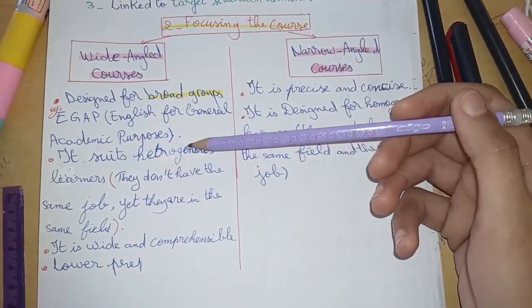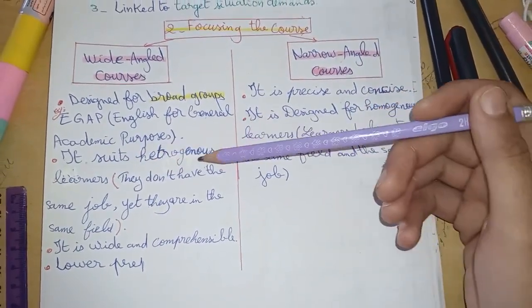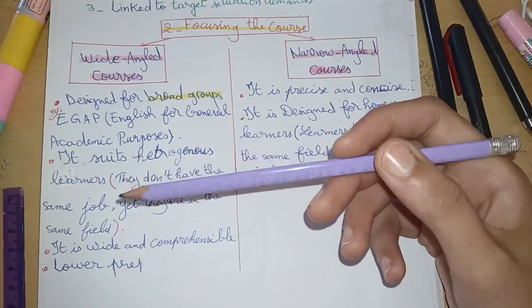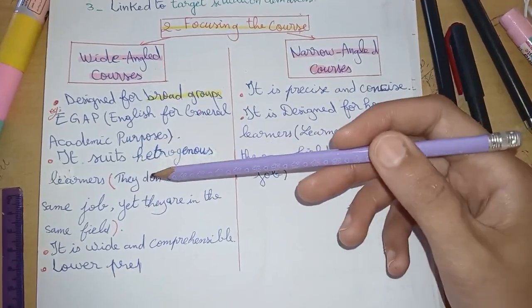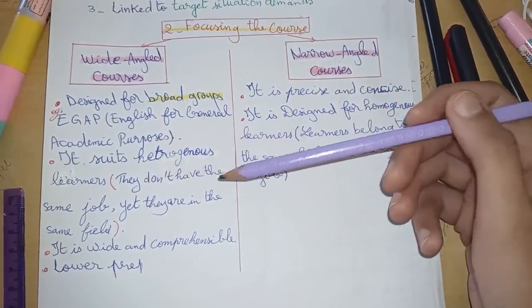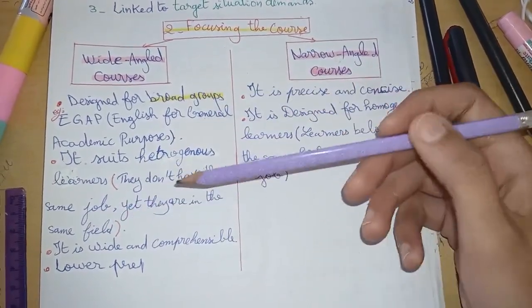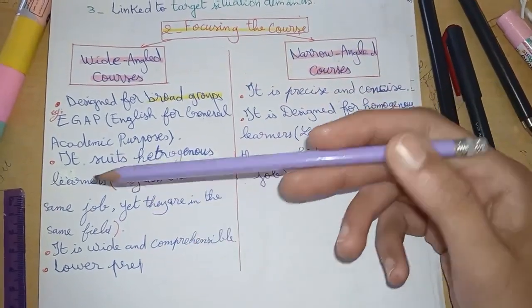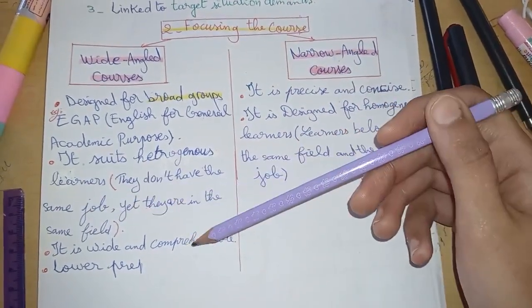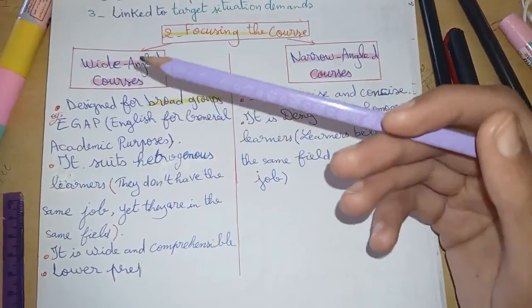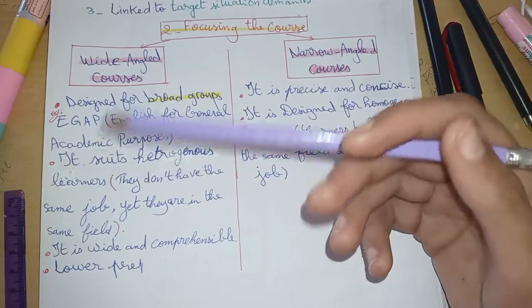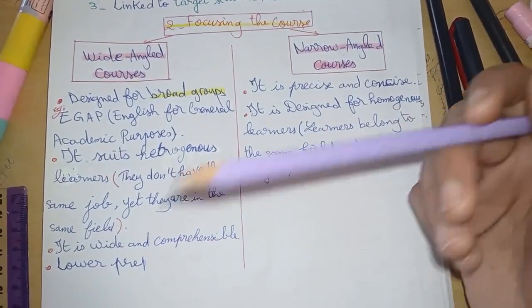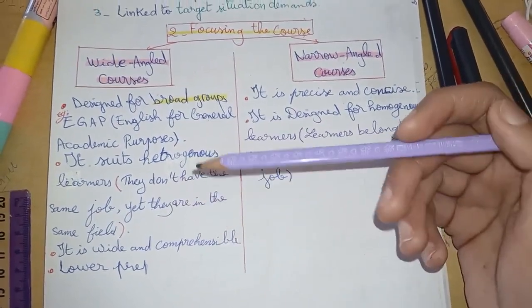It mainly suits heterogeneous learners, because they don't have the same job, yet they are in the same field. Another one, it is wide and comprehensive. It is wide and broad, not very specific, so even the information in it can be different.